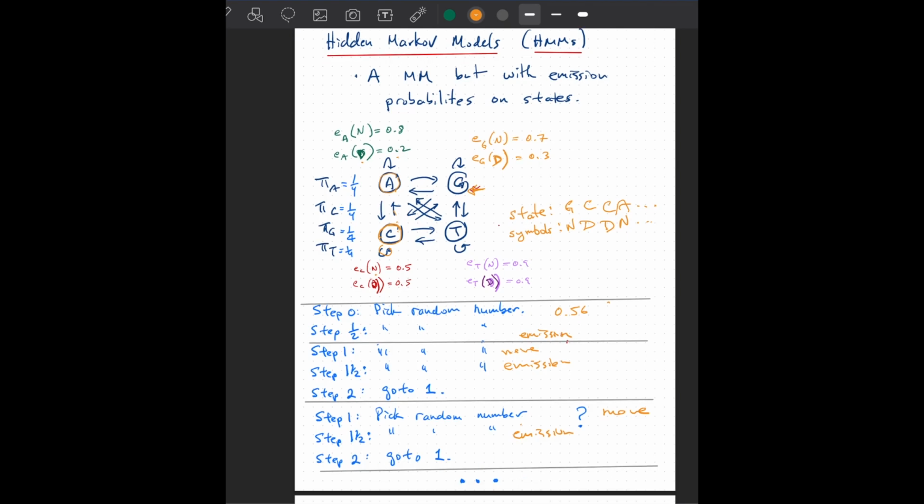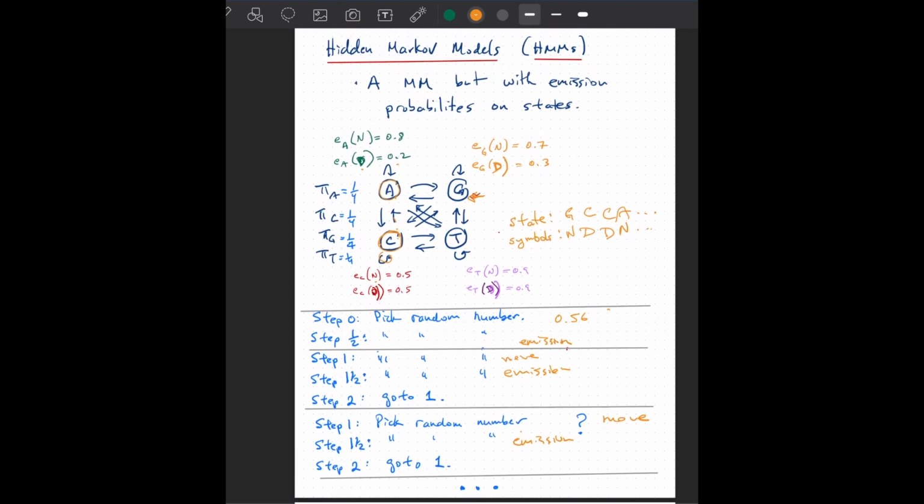In the hidden Markov model, there is the state sequence, right, and the symbols that are emitted each step. And typically when we're modeling and using hidden Markov models, the underlying state sequence is hidden. We don't see that.